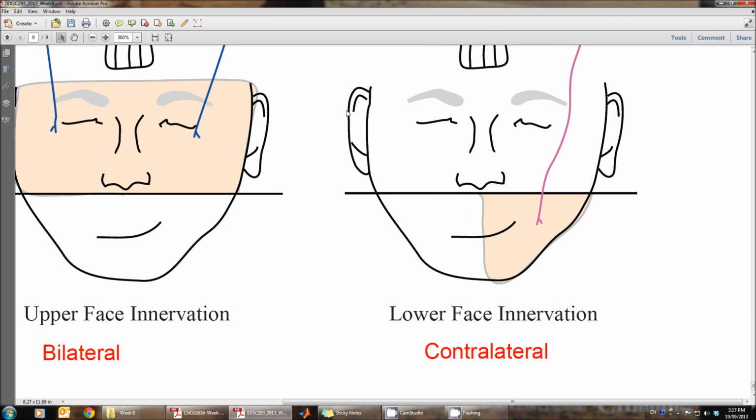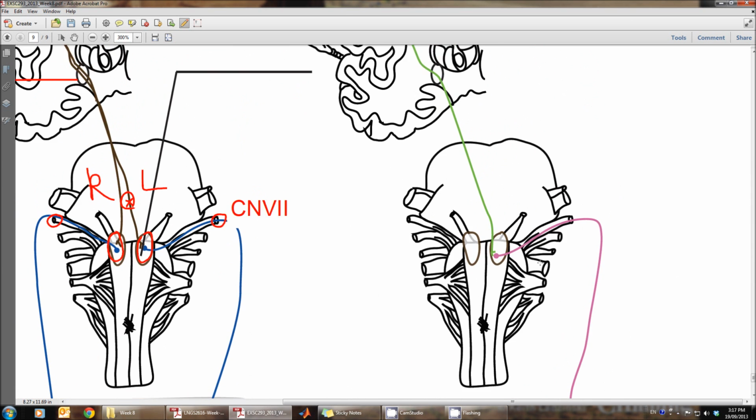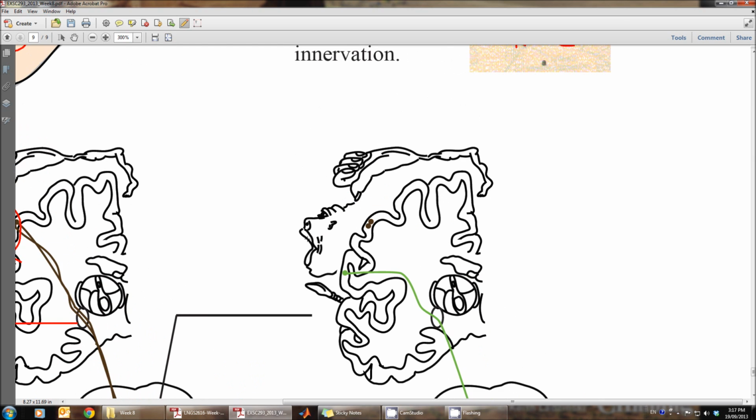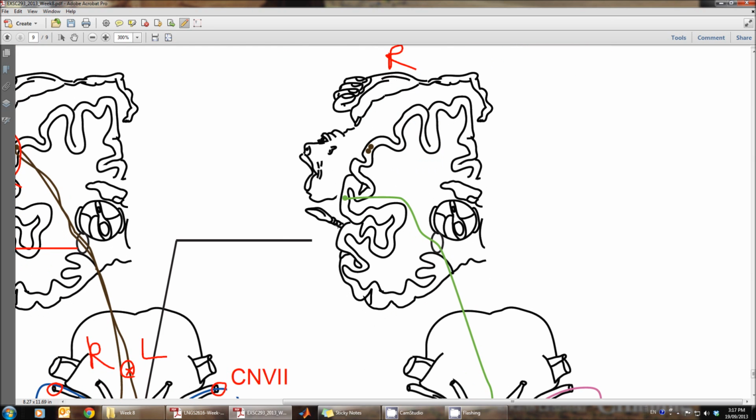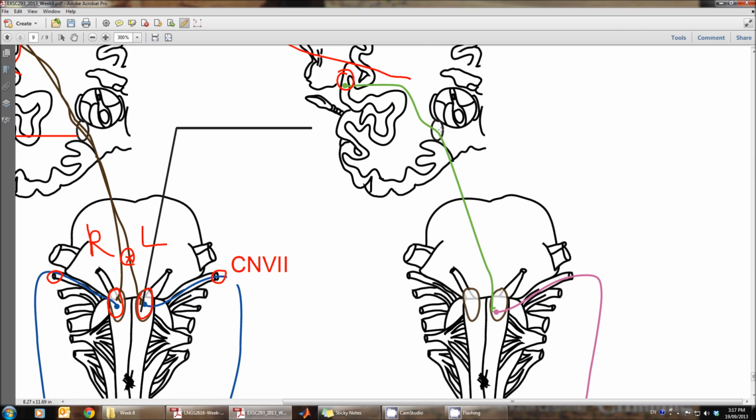Which means if we want to activate the left side of the chin area or mouth area, we have to activate the right side of the brain. So this is the right side of the hemisphere, and the homunculus we're going to target is this lower part of the face. It goes through the internal capsule, same as the upper face.